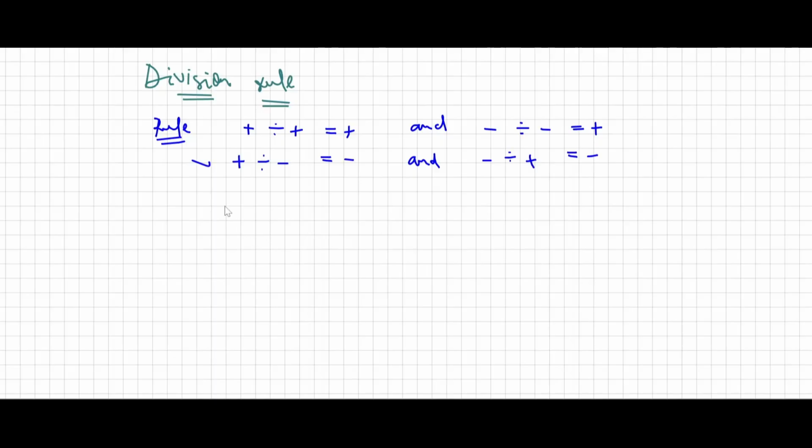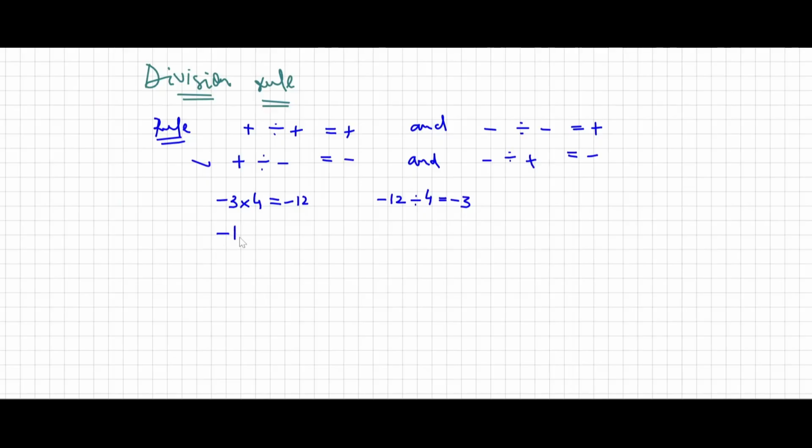So from an example, something like this: minus 3 into 4, it will give you minus 12. Minus 12 divided by 4, it will give you a minus 3. Negative, positive, it will become a negative.